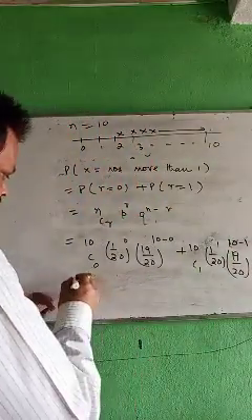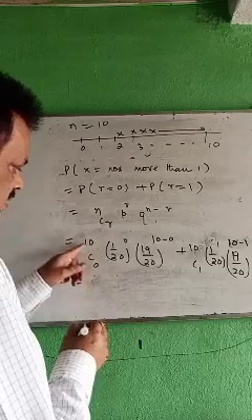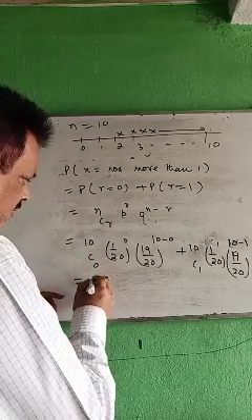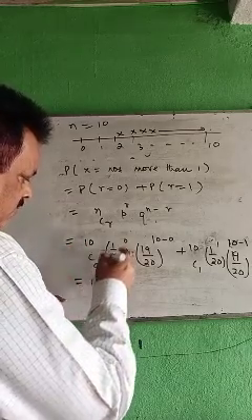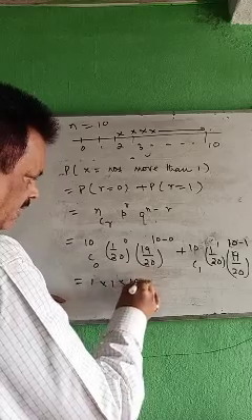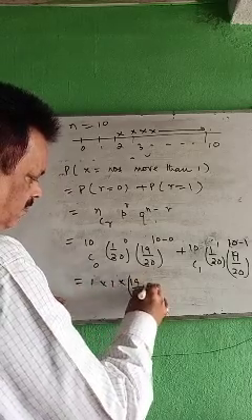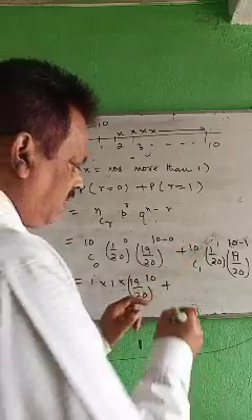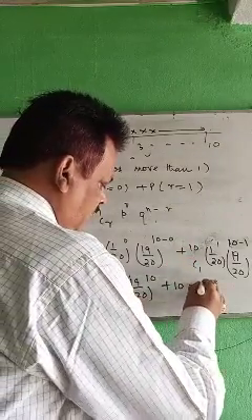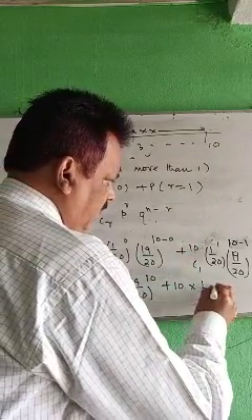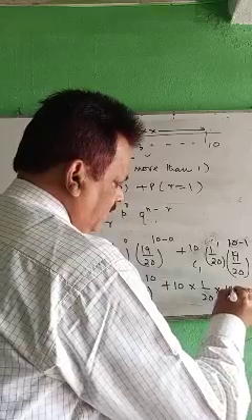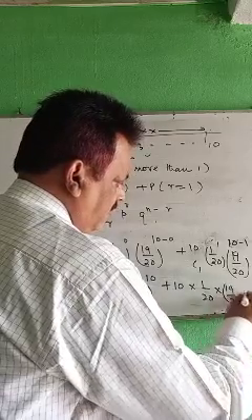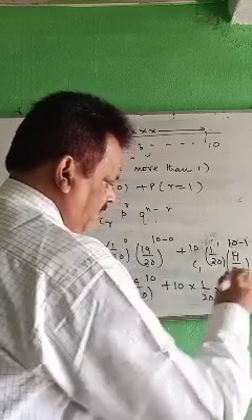So that will be nC0, which is 1 into 1 into 19 by 20 power 10. nC1 is n, means 10, into 1 by 20, into 19 by 20 power 9.